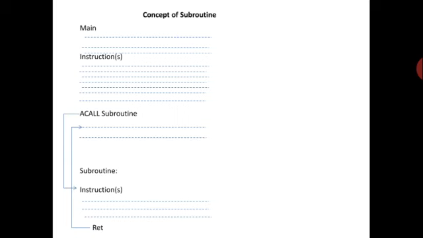It is mandatory to write the return instruction RET. If you don't write this, the program flow will be kept in an infinite loop. That means it permanently remains in the subroutine and will never come back to the main code.